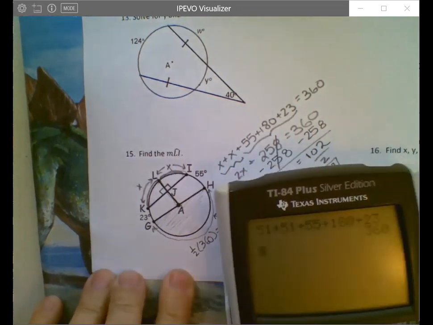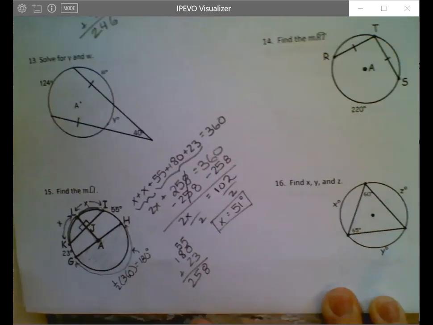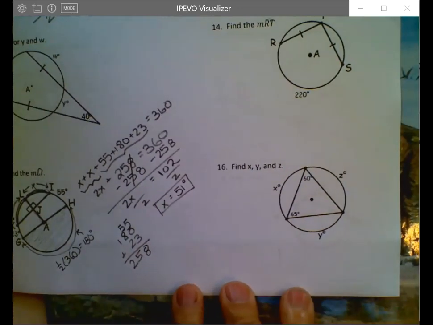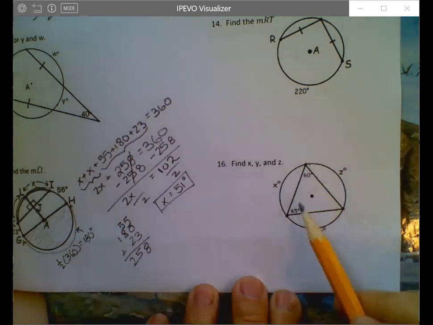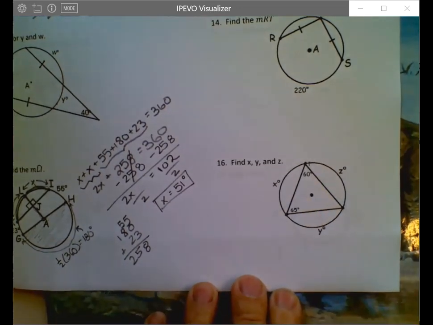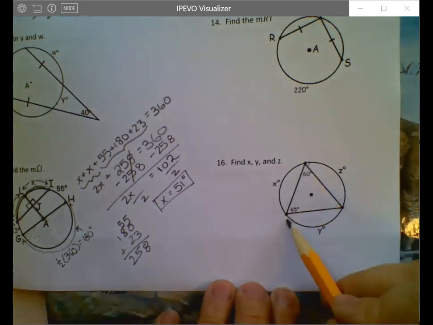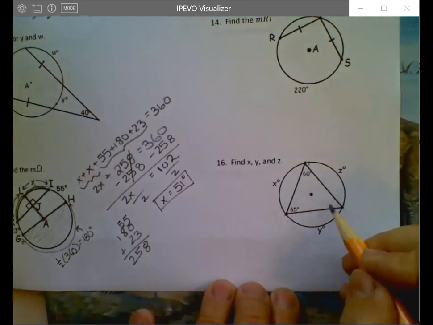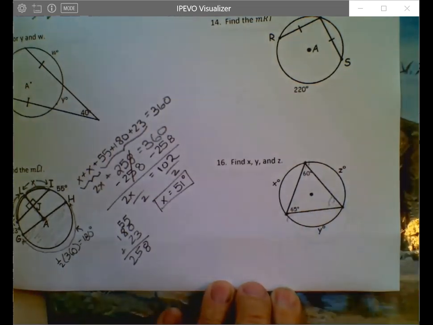So that's it. That's all you're doing. Sorry about that. All right, one last one for this video. We have an inscribed triangle. Now, since the triangle is inscribed, each one of these angles is inscribed too. So there's a few different ways we can approach this. We do know that all angles in a triangle add up to 180. So we could use that to figure out this angle.